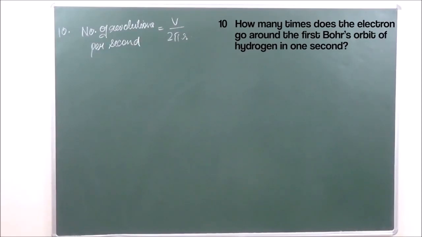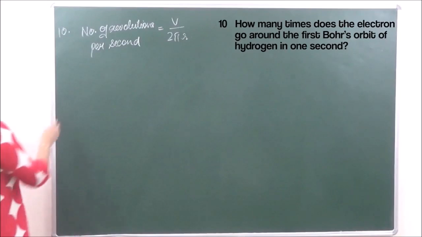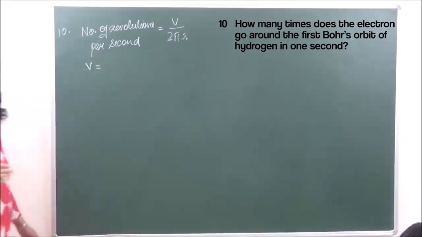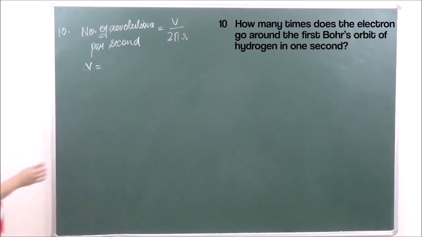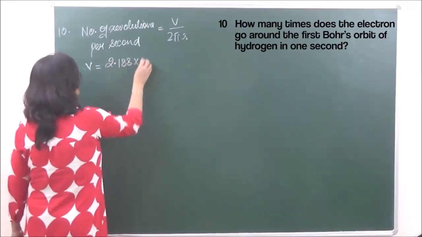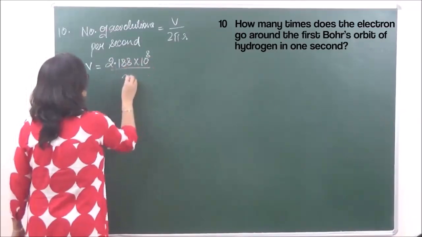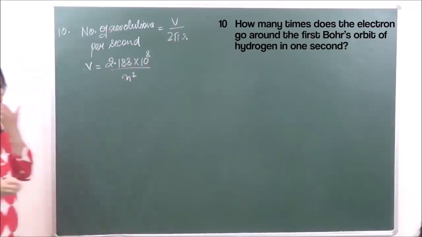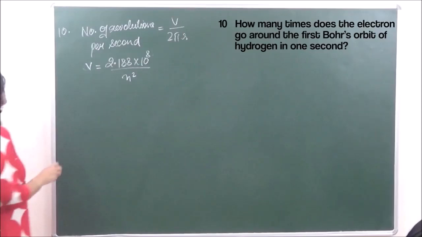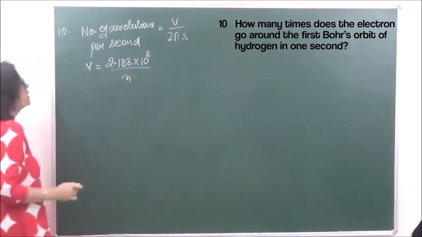So velocity, we know, is equal to 2.188 into 10 raised to power 6 upon n, with n equal to 1 over here, not n square, sorry, n.